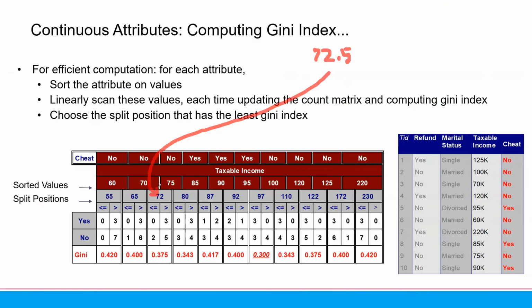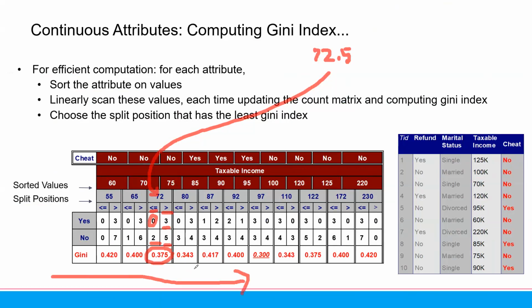We put this as the mid value, and then we calculate again. How many yes and how many no if it is less than or equal to 72? How many yes and how many no if it is higher than 72? And we can calculate the Gini index. And so on.